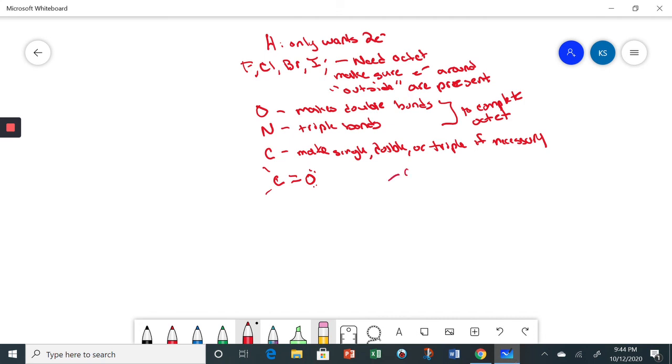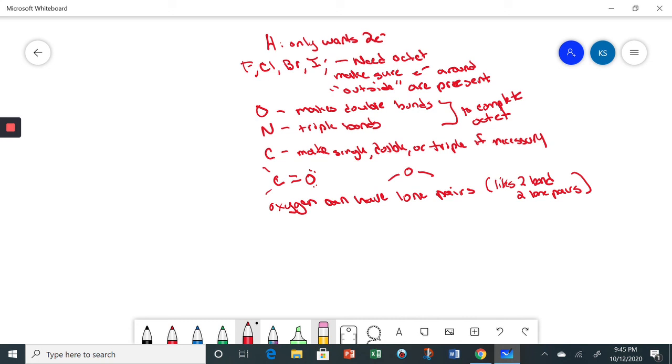Oxygen can also be between things, but oxygen makes at least 2 bonds with 2 lone pairs, or makes double bonds with lone pairs. So oxygen can have lone pairs. Generally, oxygen just likes to make 2 bonds and 2 lone pairs. Lone pairs mean they're not involved in bonds. So that's just something to keep in mind when you go to do these structures.